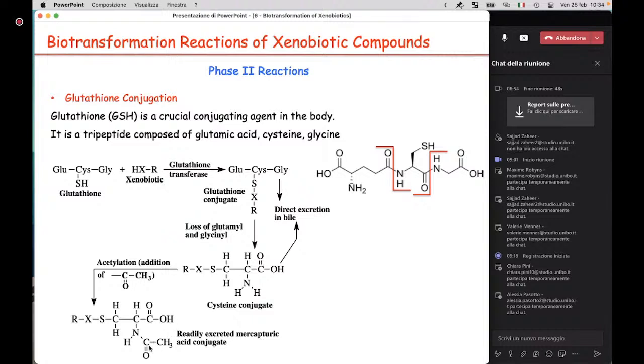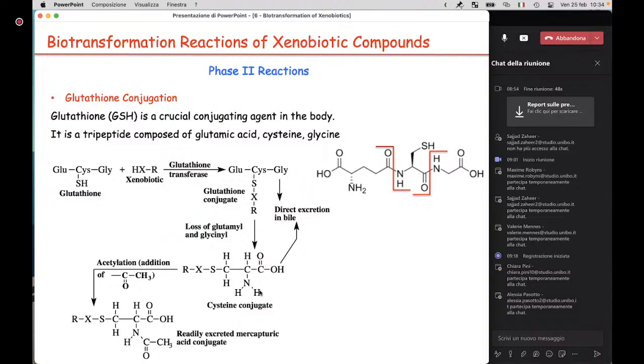So an acetyl group can become attached to the amine of cysteine to produce a mercapturic acid conjugate. This part of the molecule is a mercapturic acid here. But again, the specific structure is not important.